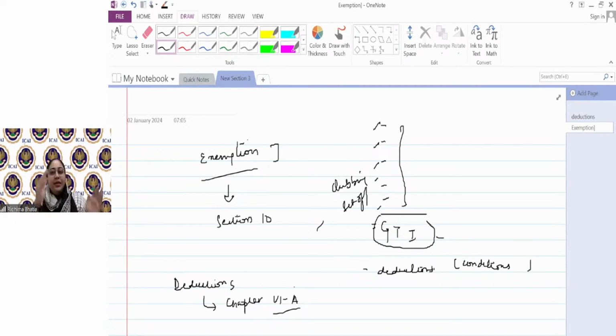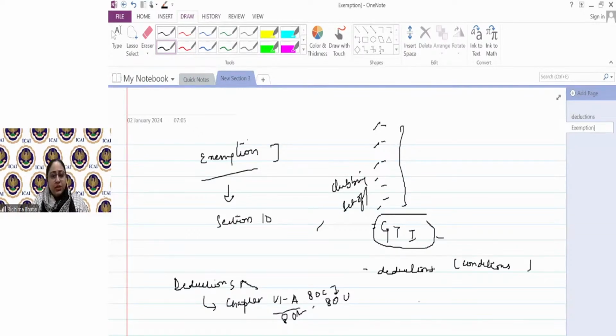So there also the entire act is divided into chapters, and this particular chapter you should remember because the reference of this chapter comes n number of times during the entire income tax. So chapter 6A is about deductions from gross total income, and this chapter goes from 80A to 80U, but deductions basically go from 80C to 80U.